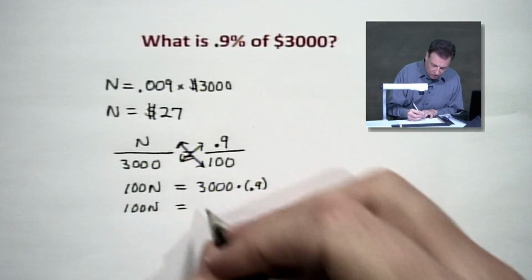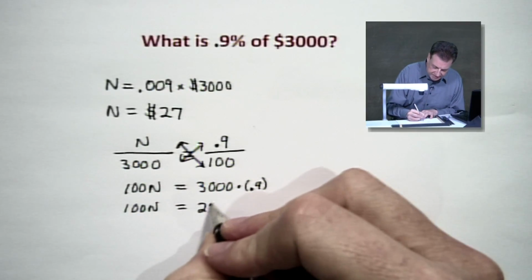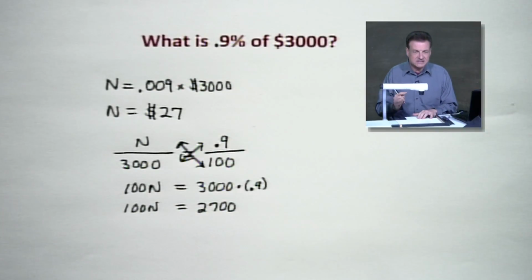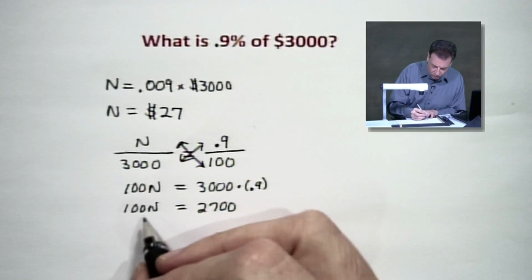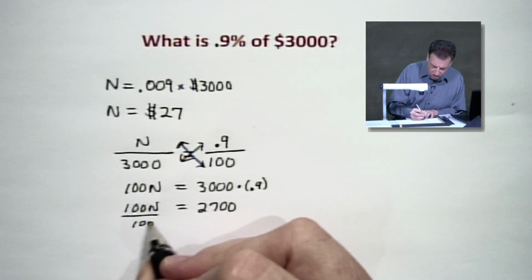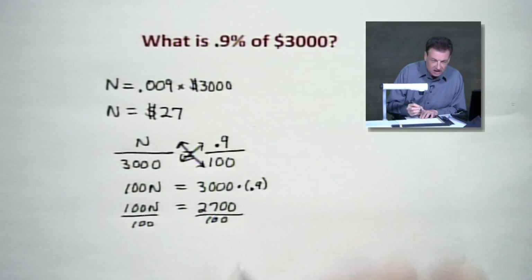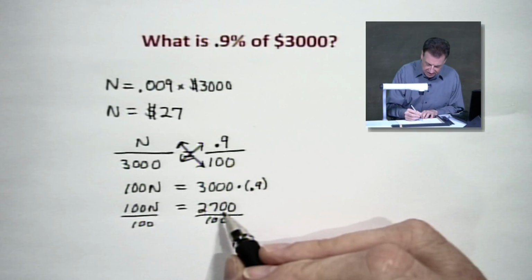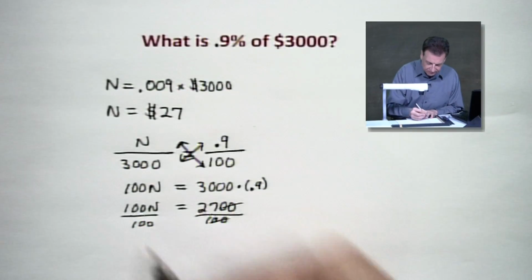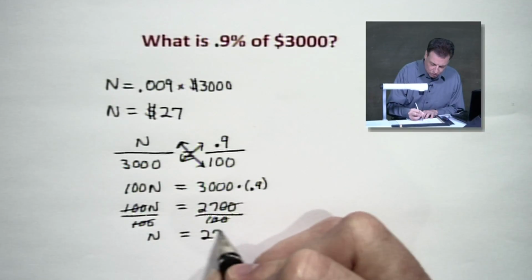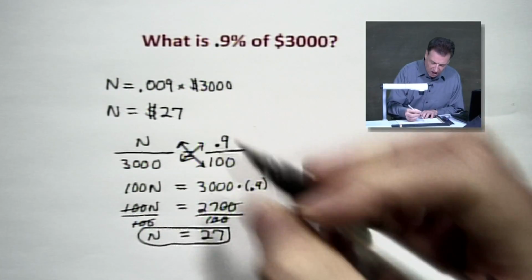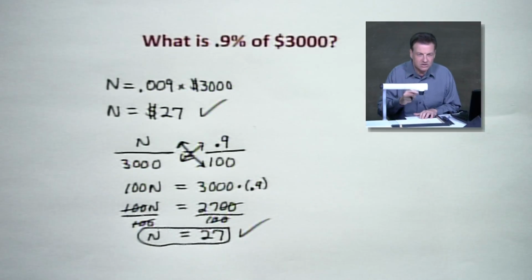And over here, we're going to have 2,700. Now you say, Ernie, I thought it was just $27. Well, it will be, because what we got to do right now, ladies and gentlemen, we have to divide by 100. And we divide by 100, basically, those little zeros go away, these hundreds go away, and we end up with 27.